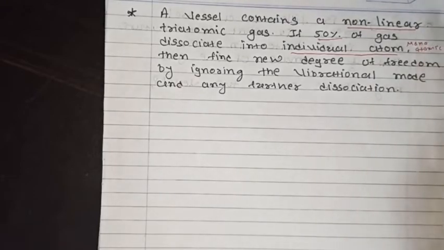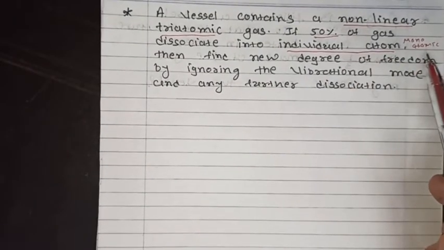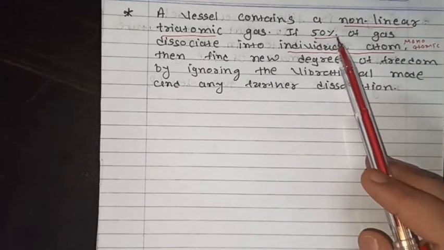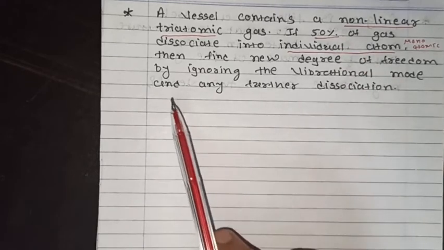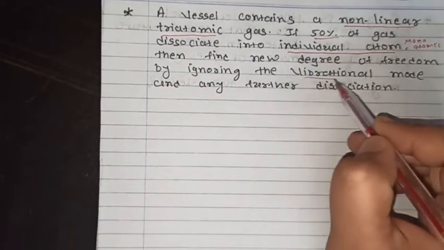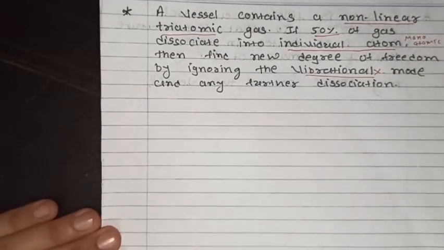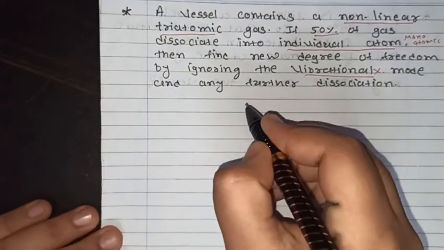Initially it was non-linear triatomic, and after dissociation it becomes monoatomic, but only 50% of it is dissociating. Now we want to find the degree of freedom, but we have to ignore the vibrational mode and any further dissociation. Here first understand the situation.